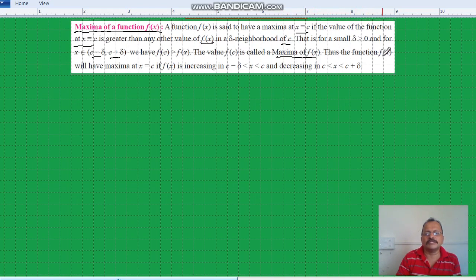Thus, the function f(x) will have maxima at x equal to c if f(x) is increasing in c minus delta to c and f(x) is decreasing in c to c plus delta. I will draw one graph and we will see this.